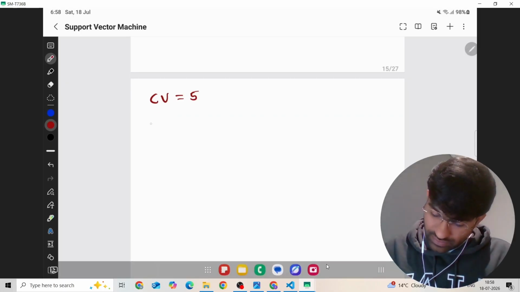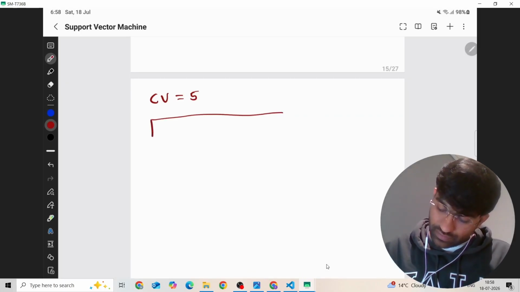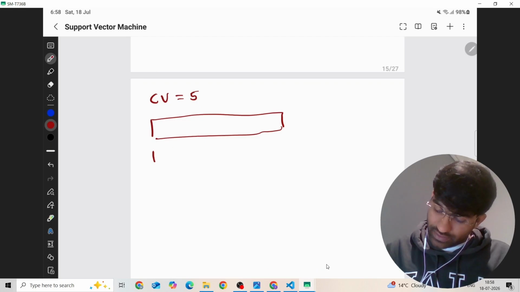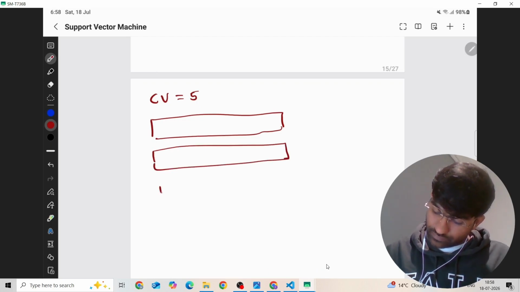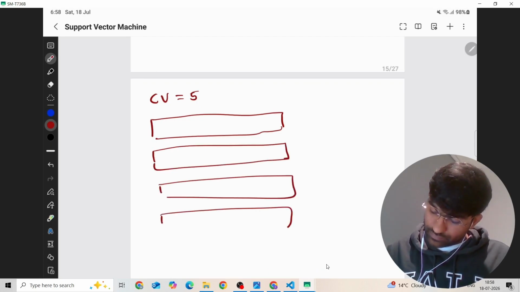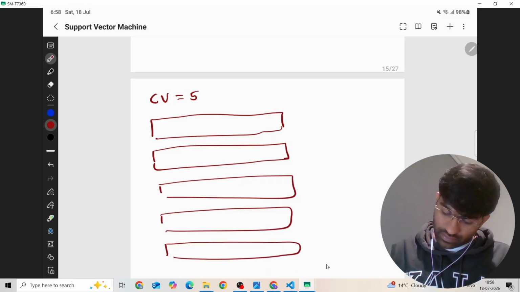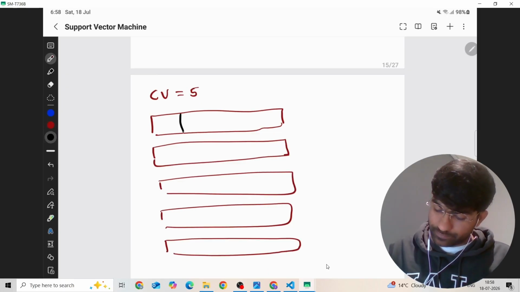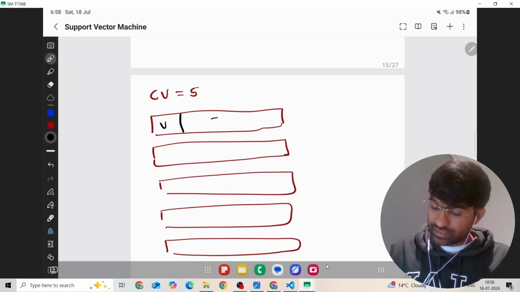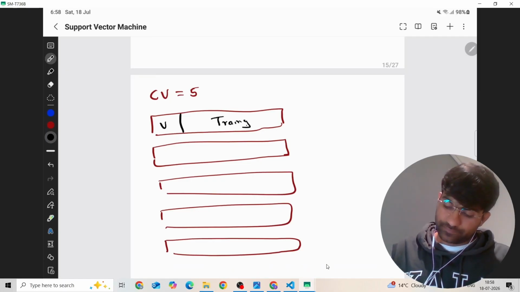So what does this do? This is your data set, the training data set. Now it will split the data. This is the validation data set, this is the training data set.